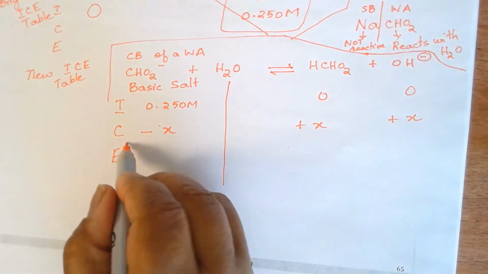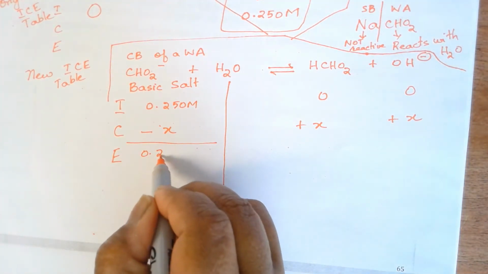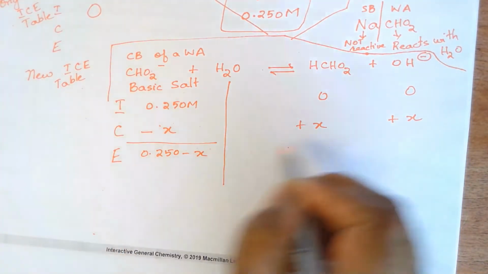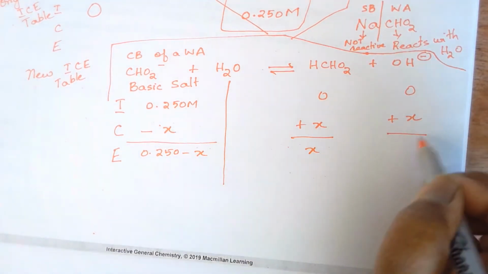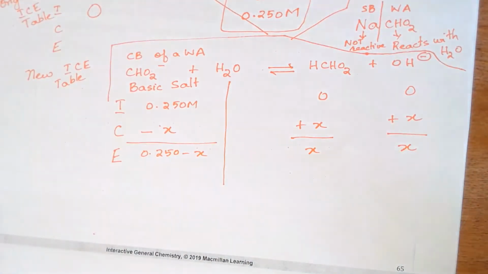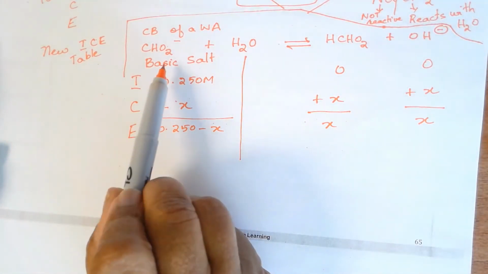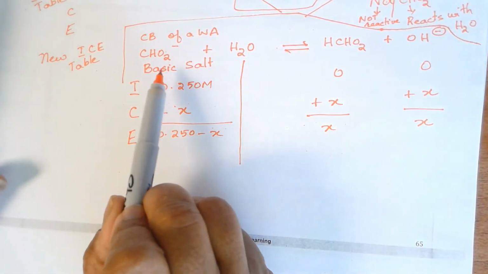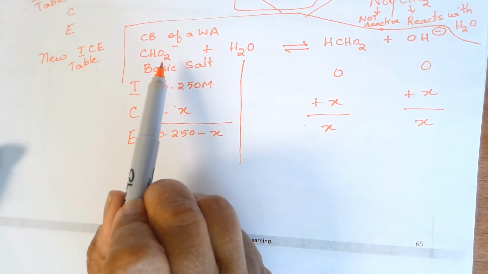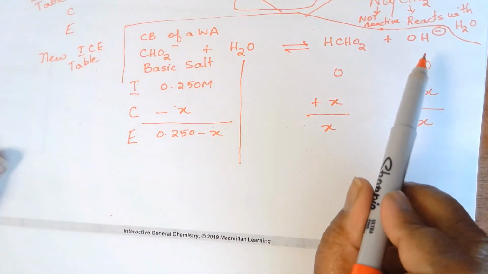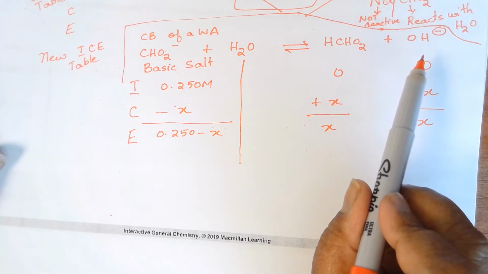So now this is 0.250 minus x, and x. Now this is a base. Okay, it's a basic salt, which means it's a base. It's like a base, and it's giving OH minus ions.